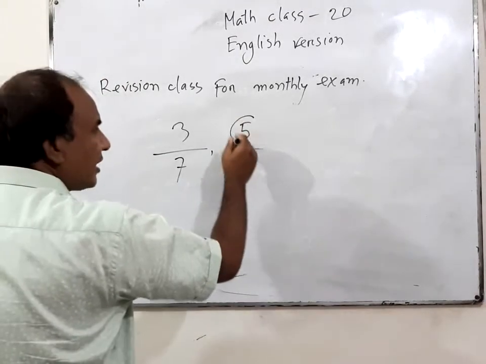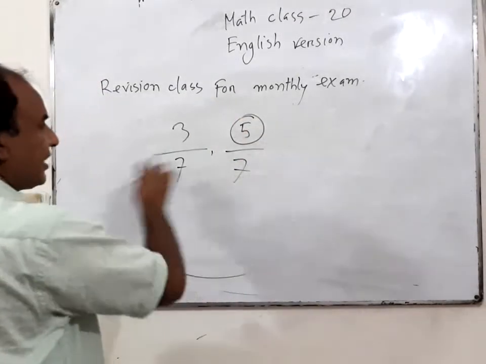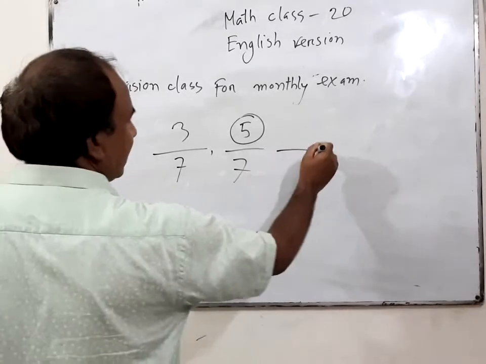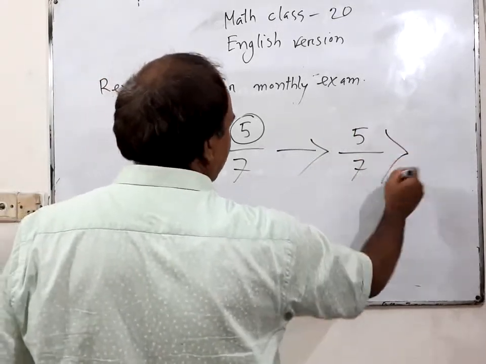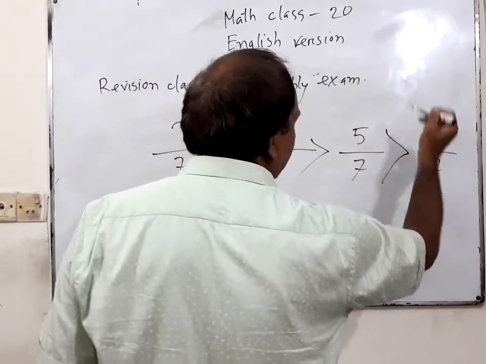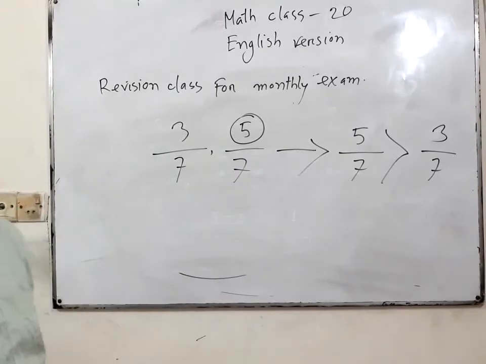The greater numerator is 7, so this fraction is greater than the other. This is an important formula for you.